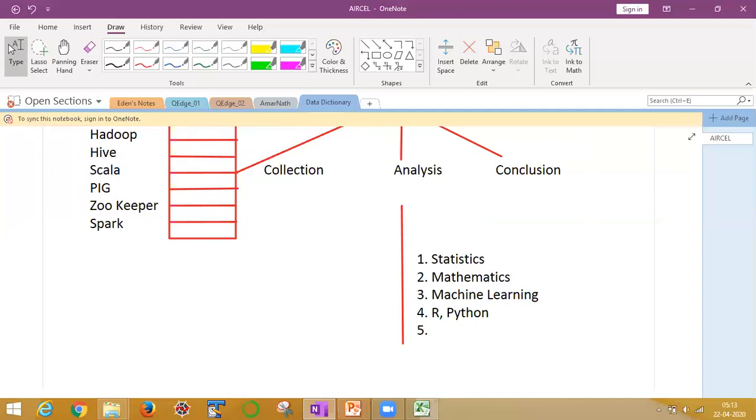Internally, some formulas are developed in the machine learning course with the help of mathematical statistics, and those are called algorithms. What is an algorithm? I will tell in detail, maybe in the next class. Depending upon the case, when my complexity becomes very hard to solve, I need to take the help of deep learning.